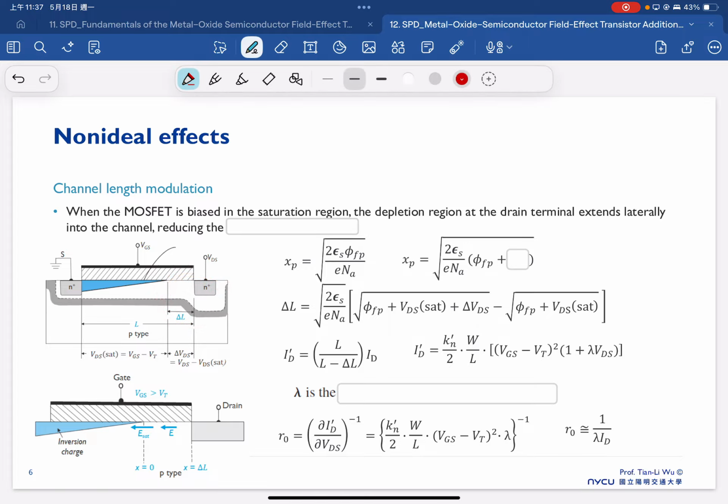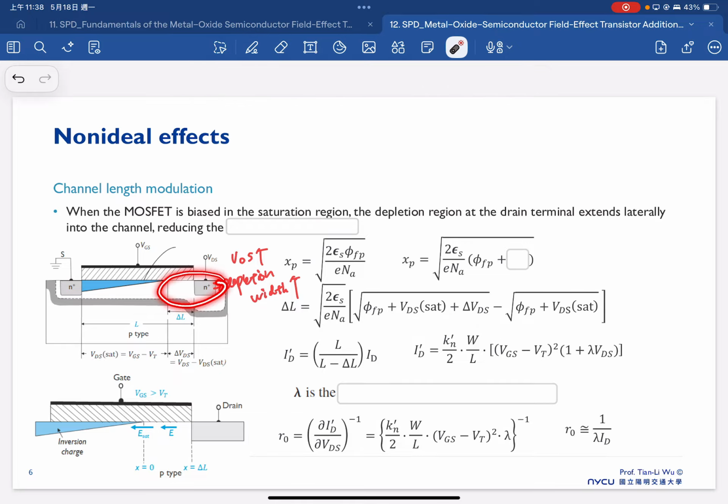As your VDS increases, your depletion width increases, which means this delta L is increased.